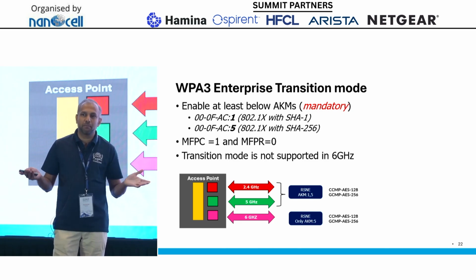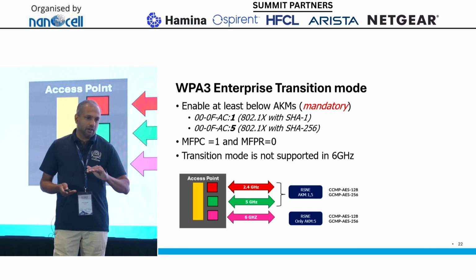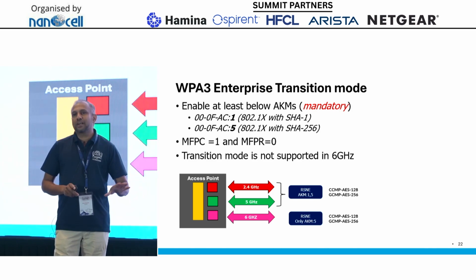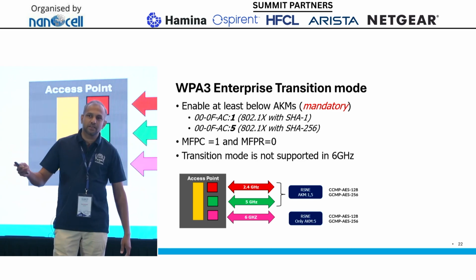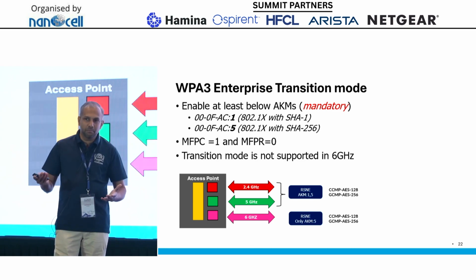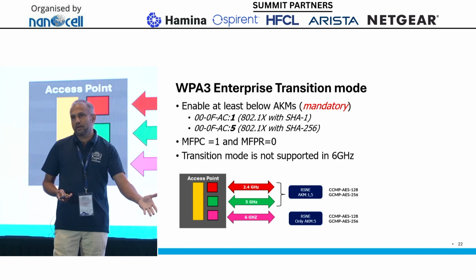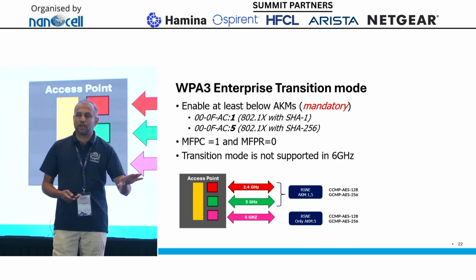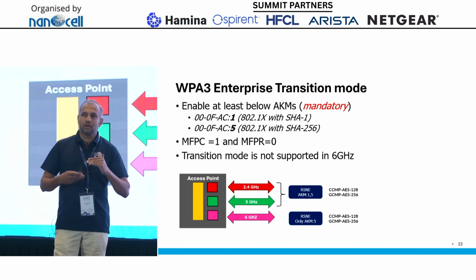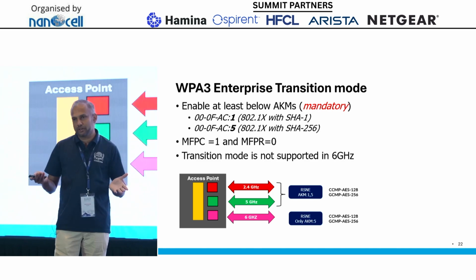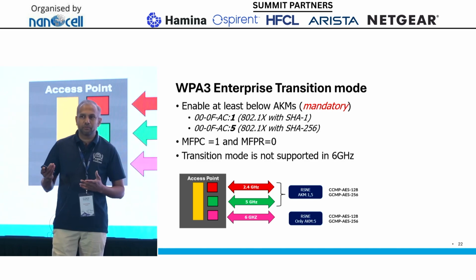There is not much complexity. If you want to implement transition mode in the enterprise scenario, that works well. Like universities, most places with 6 GHz available are already using this today. Much success in this kind of enterprise scenario because there are not a lot of permutations, so the client cannot get confused.